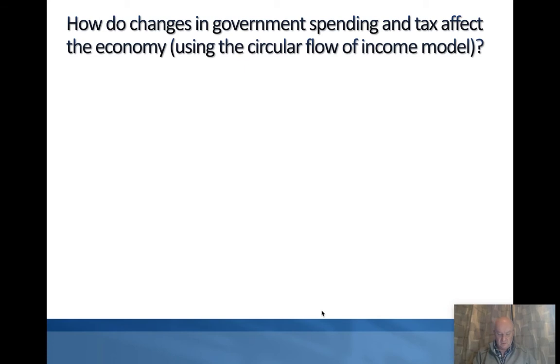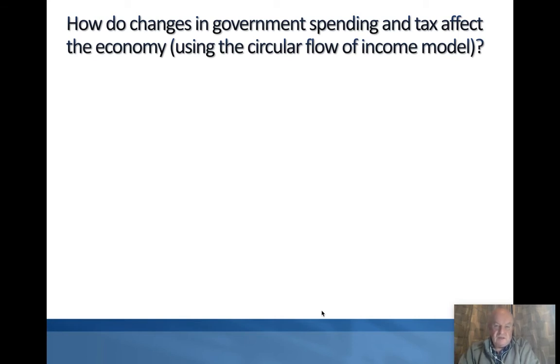But again, that's something we'll come back to look at a wee bit later. So in this instance then, let's take a look at page 4, there is a couple of little activities for you to do, and this is where we're starting to look at how changes in government taxes and spending are going to affect the economy, specifically using the circular flow of income model.